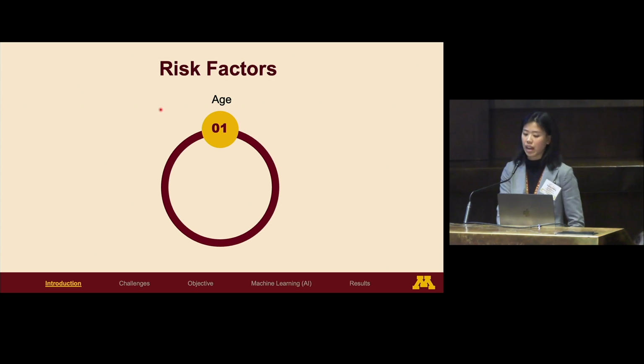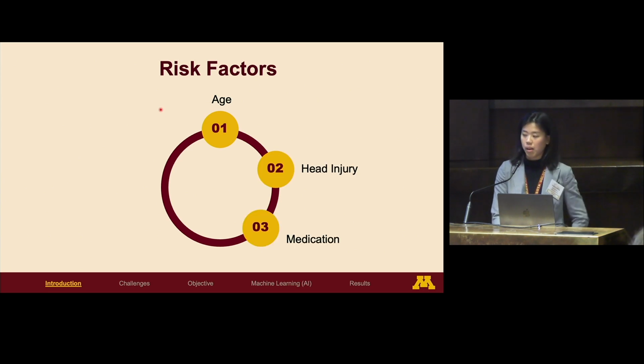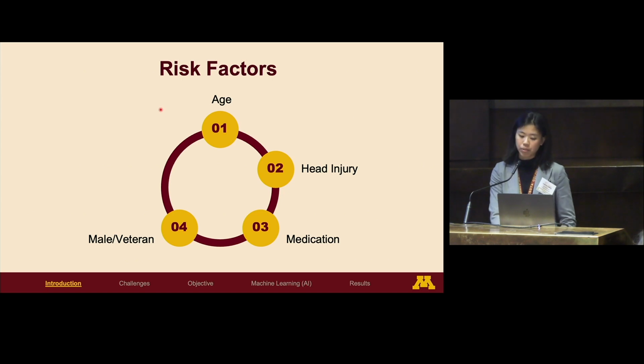Among all risk factors identified to date, age has the highest association with its development. Next is a head injury or trauma to the head, being on anticoagulation or antiplatelet therapy, and male gender or status as a veteran are also separate risk factors. This is possibly due to a higher incidence of trauma, more frequent alcohol consumption, and more.